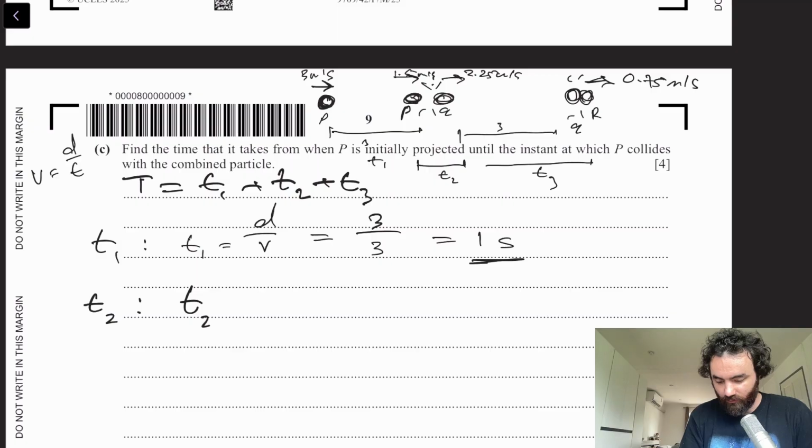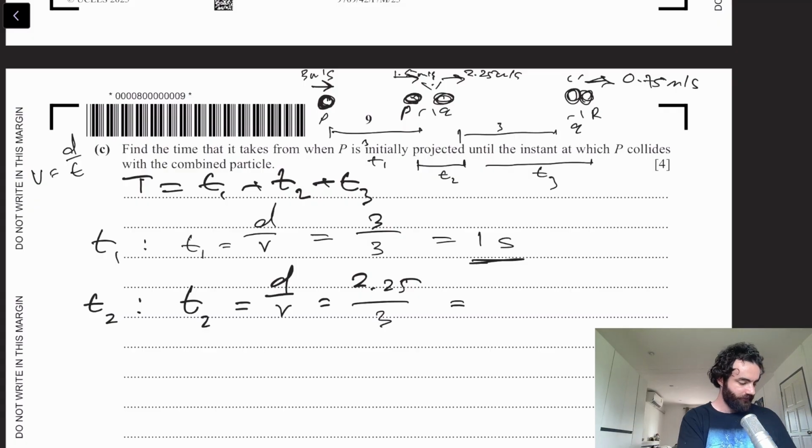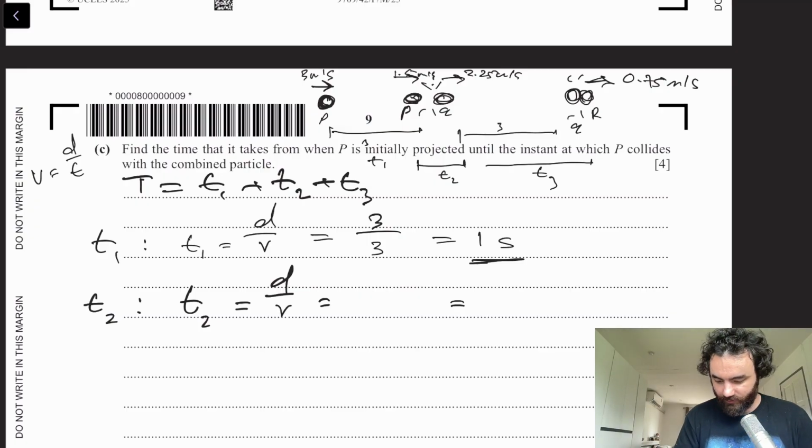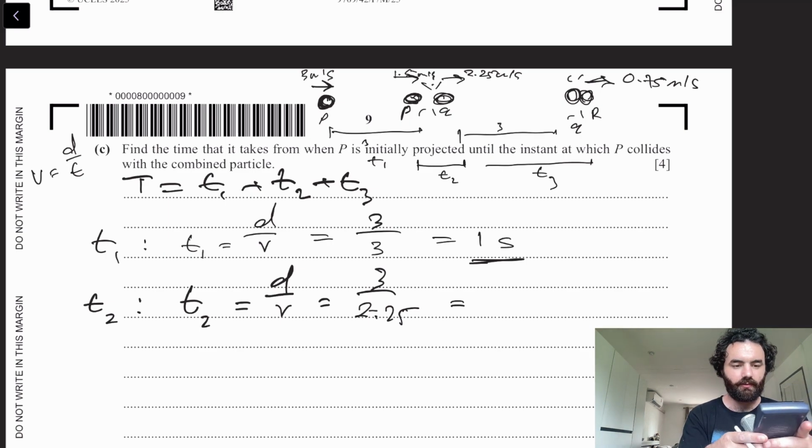So T2 is going to be distance over velocity. Oh no, distance is 3, sorry. Or velocity is 2.25, sorry. 3 divided by 2.25. Okay, so that is 4 over 3 seconds.